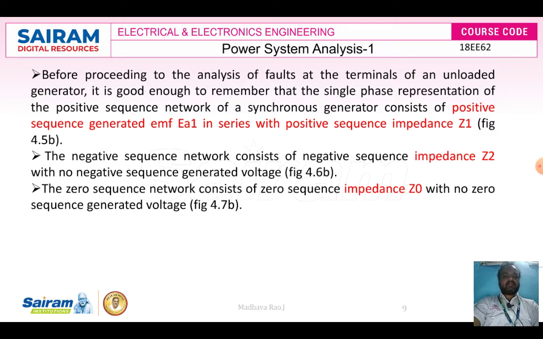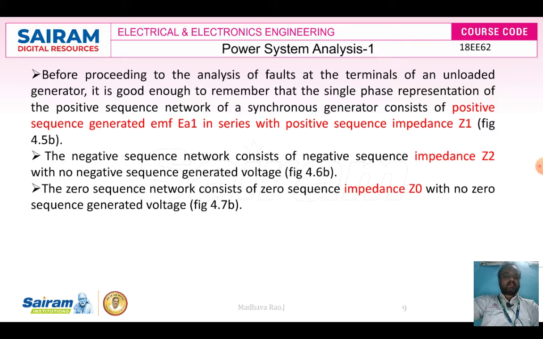Z1 is the positive sequence impedance. Similarly, we have the negative sequence network consisting of the negative sequence impedance Z2. Z2 is the negative sequence impedance. In figure 4.6b, if you see, there is no negative sequence generated voltage.